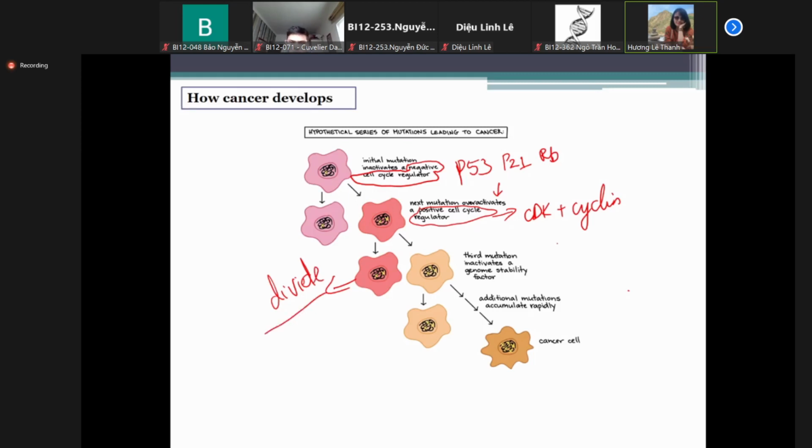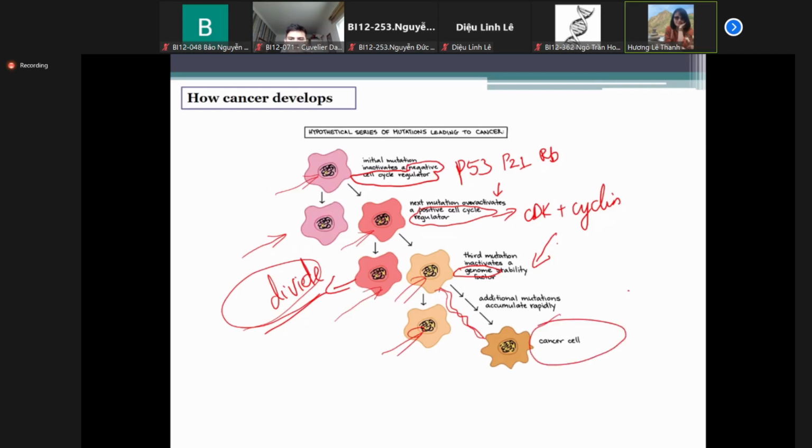In the third mutation, the genome stability factors are inactivated. Now the genome is affected, so it is more serious. Additional mutations occur rapidly because in these two steps the cells started to divide more rapidly. Through a series of divisions, all the mutations are passed on to the descendant cells, and by the end, we have cancer.